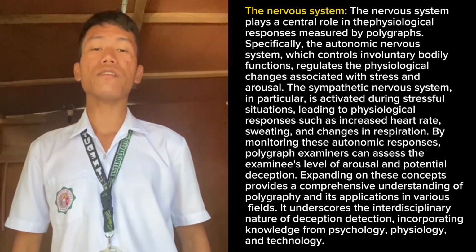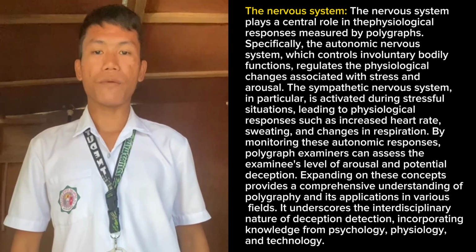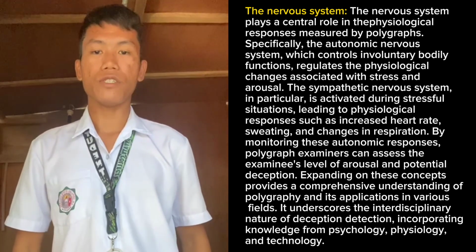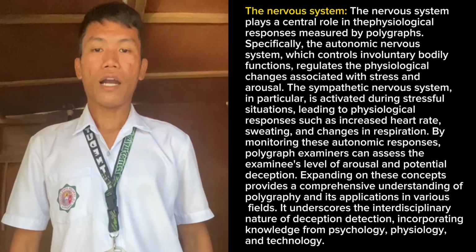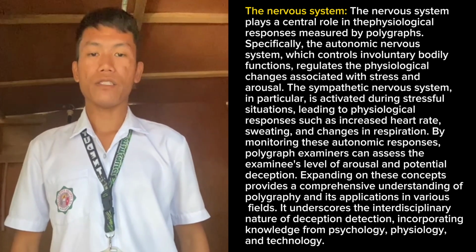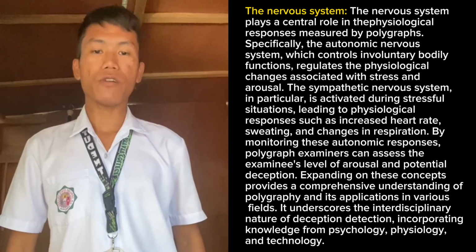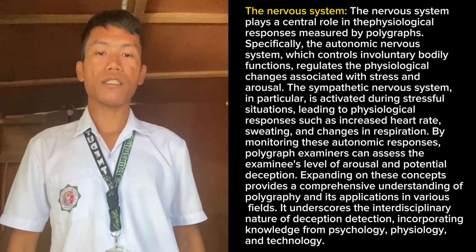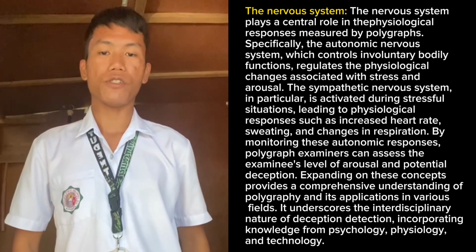The sympathetic nervous system, in particular, is activated during stressful situations, leading to physiological responses such as increased heart rate, sweating, and changes in respiration. By monitoring these autonomic responses, polygraph examiners can assess the examinee's level of arousal and potential deception.